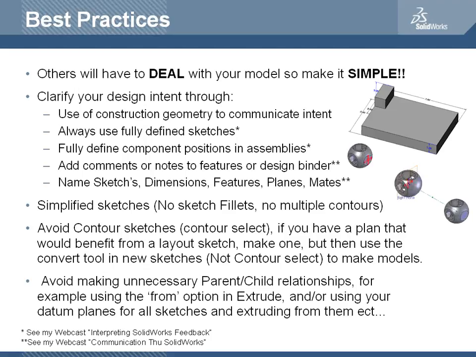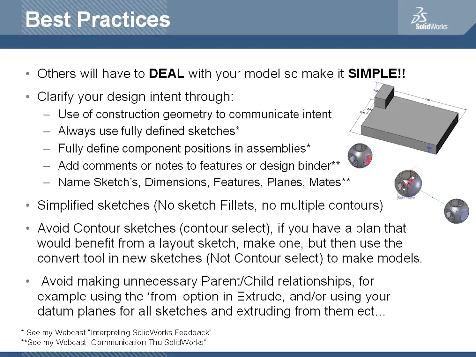You also want to name sketches, dimensions, features, planes, mates, etc. As I was going through the equations, you'll notice that I had named some of those sketches, like large hole, middle hole, or medium hole. In addition, you want to keep simplified sketches. I mentioned that. You want to avoid multiple contour sketches.